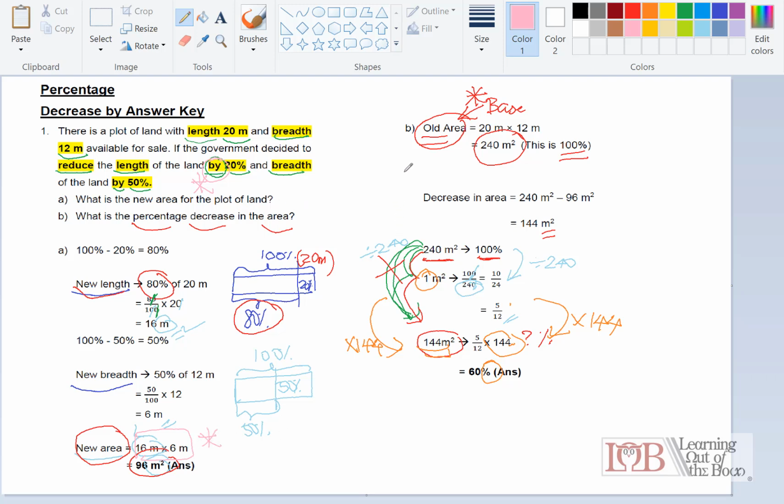Then for part B, percentage decrease, you need to know which one is the base. It's very important. So this is the third asterisk. You have 1 asterisk here, 2 asterisks here, and 3 asterisks here. And the fourth one is this double jump, another asterisk. So very easy question, or probably quite manageable.